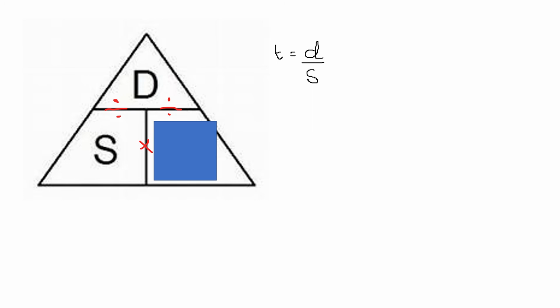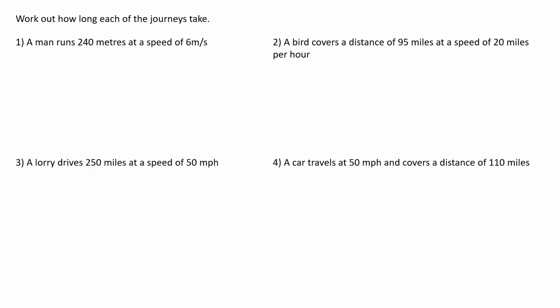Every hour I'm going to travel 10 miles. So I need to see how many lots of 10 miles will go into my distance to work out how long it's going to take me to travel those 60 miles. So let's have a look at a few questions where we're given distance and speed and we use these to calculate time.